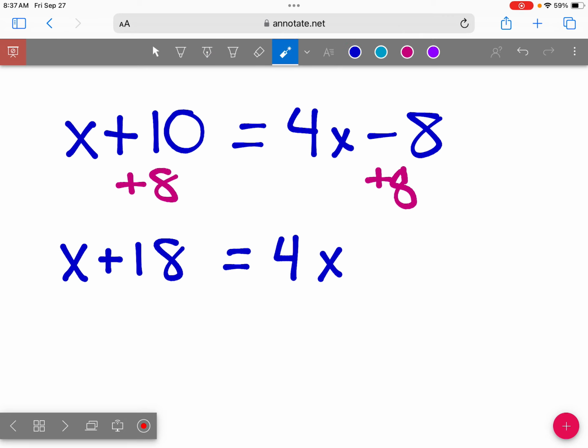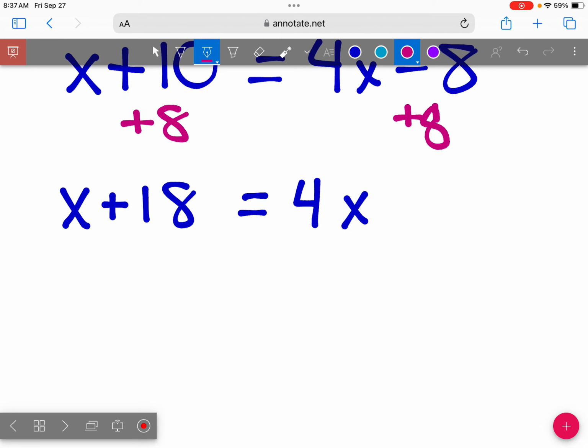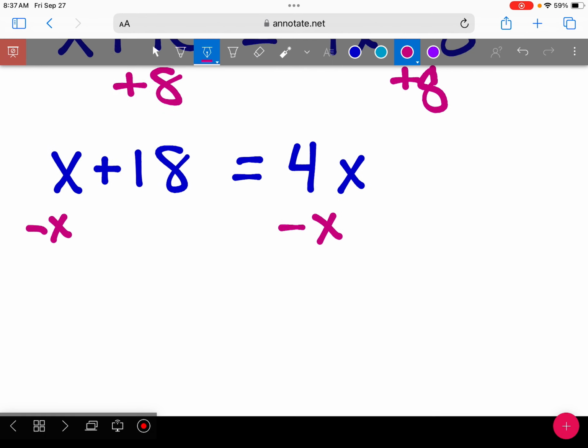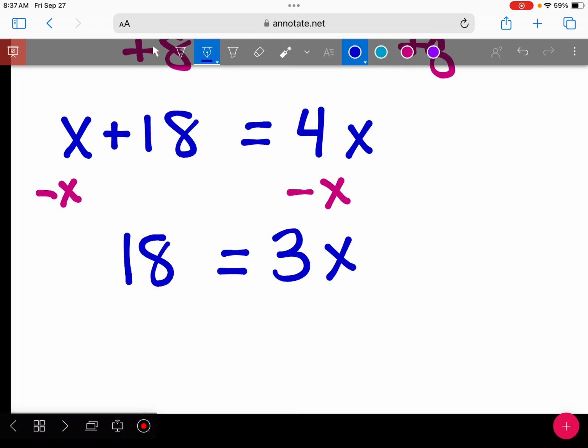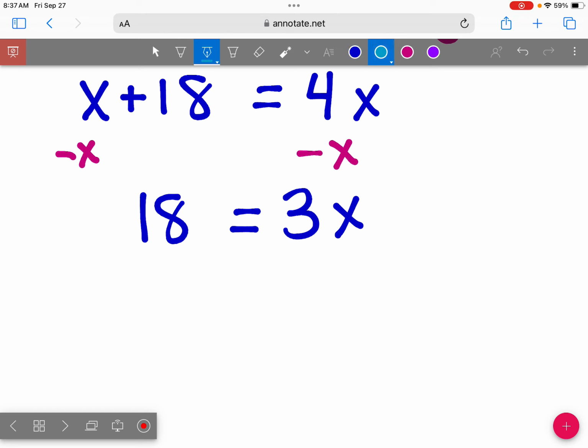So what do we do as our next step here? Subtract x. Because I want to get my x's together too. So I'm going to minus x on this side and minus x on this side. So that's going to give us 18 equals 3x. One more step. Divide by 3 to both sides. Whatever we do to one side, we do to the other.